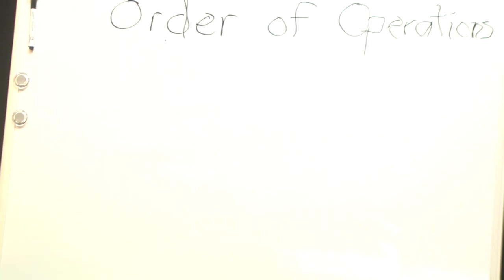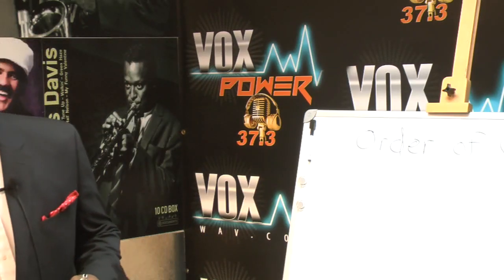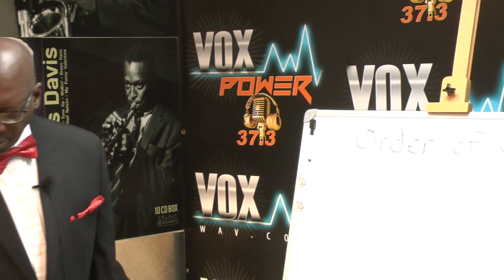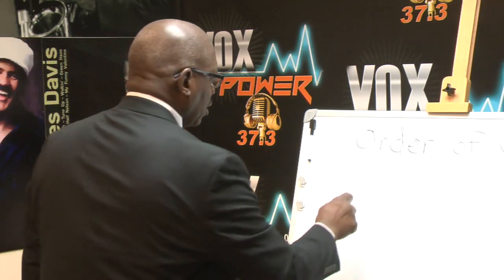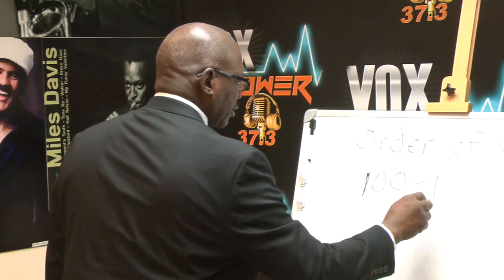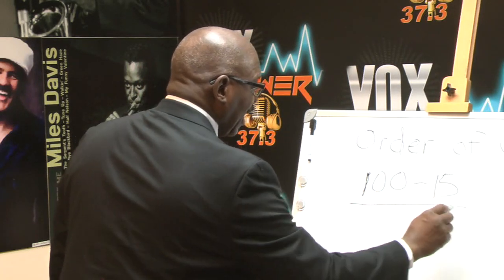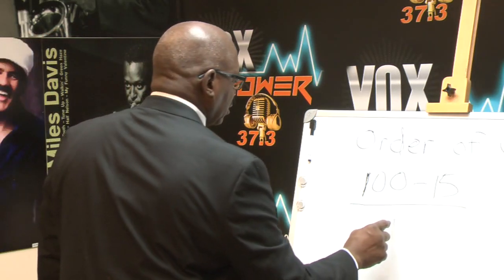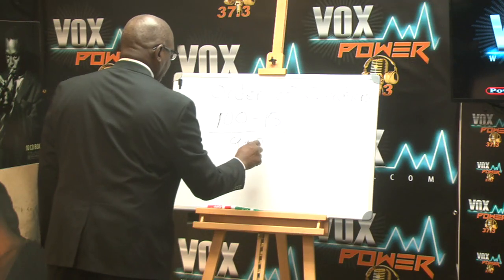But now we got to talk about this order of operations. All right. Now, again, we could have a problem, a simple problem, and we'll start off with a simple problem. For example, you might get 100 subtract 15 divided by 9 plus 8. Okay?